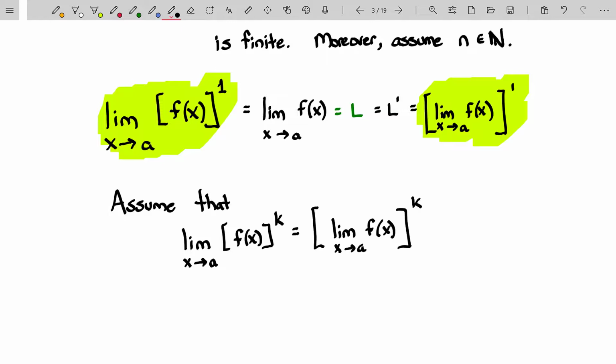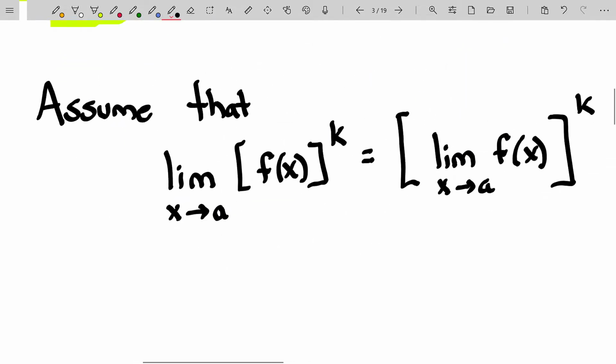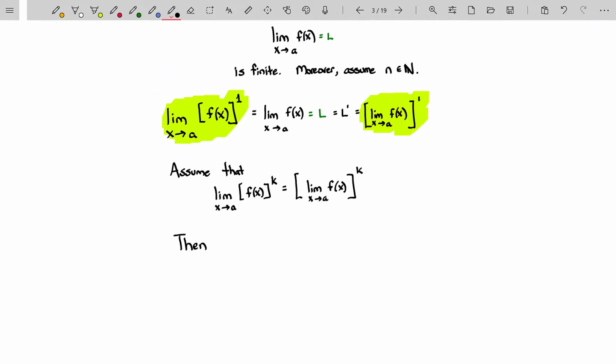We've proven it works for the first domino. We're supposing there's some kth domino down the line that is going to fall. What we need to do is prove that if this claim is true for the kth case, then it must be true for the k plus first case. So let's look at the k plus first case.